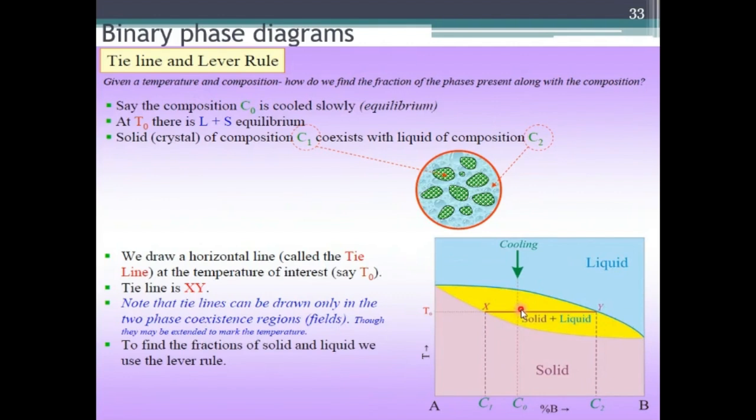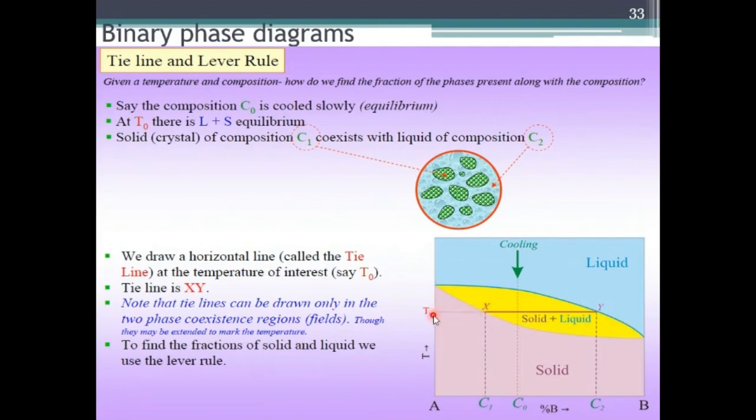Now, if you take C1 and C2, randomly take C1. C1 is a point which will be cutting the solidus line at a particular point which is parallel to T0.